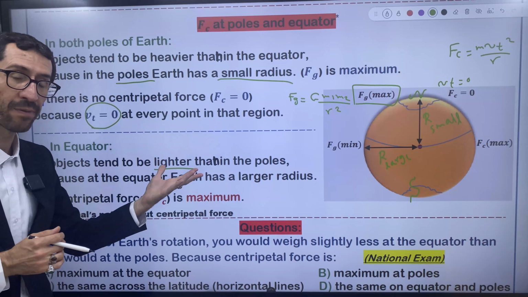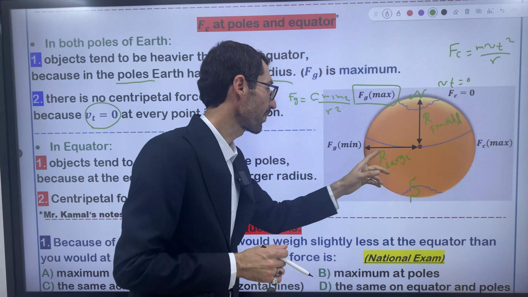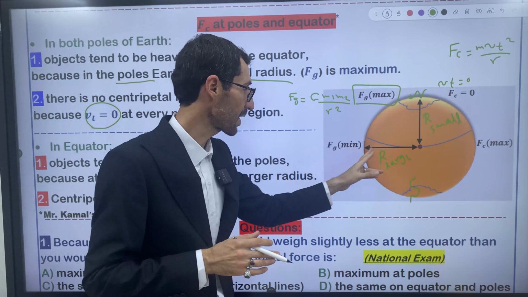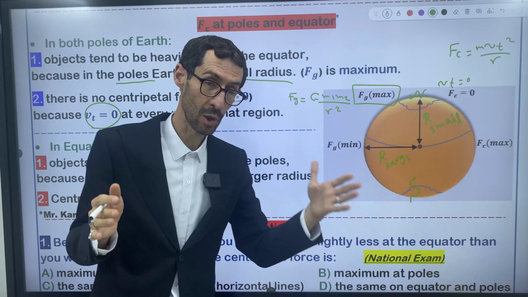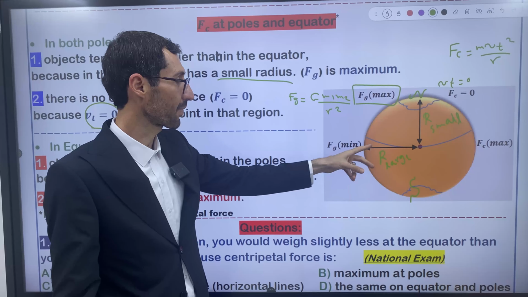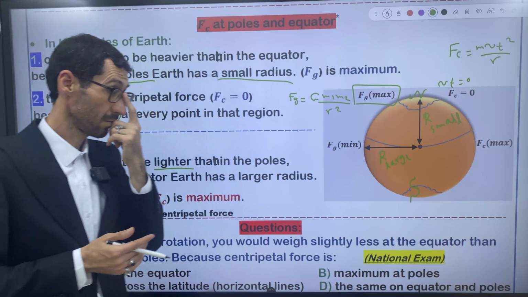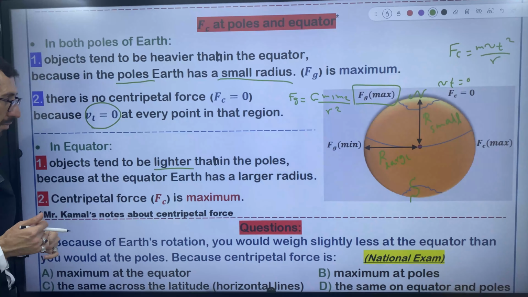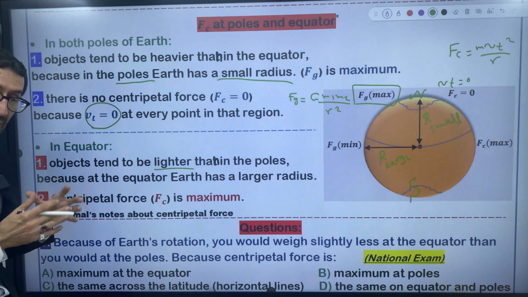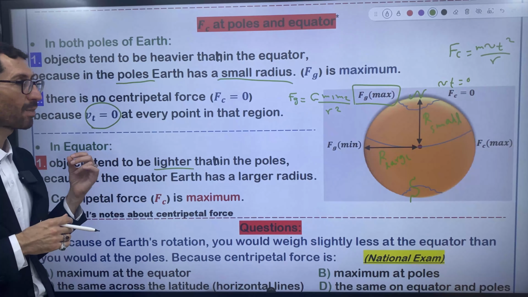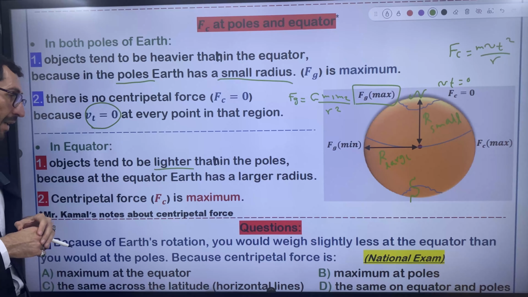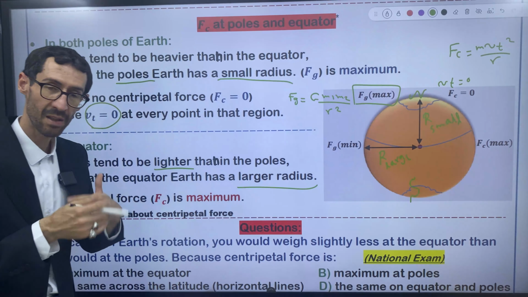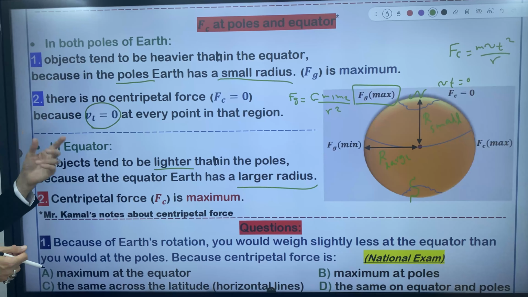Because of the previous reason: in this region the radius of Earth is large, and objects get farther from the center of Earth. That's why objects seem lighter than at the poles, because at the equator Earth has a larger radius.